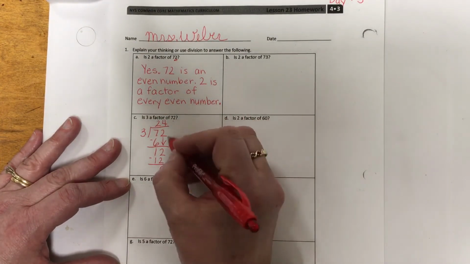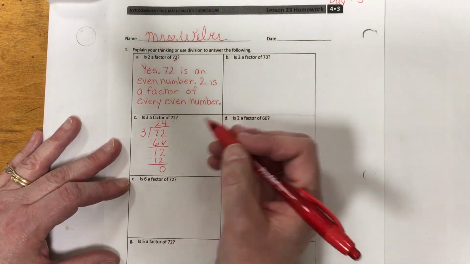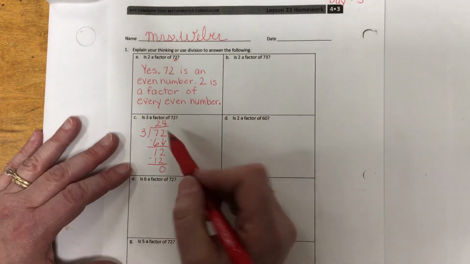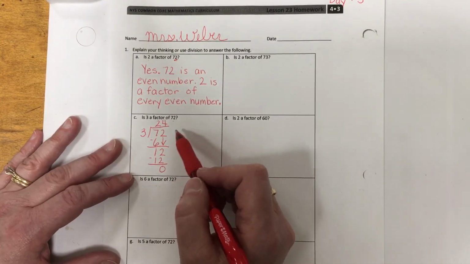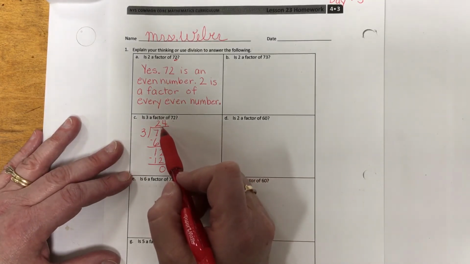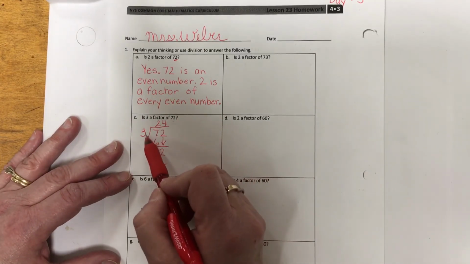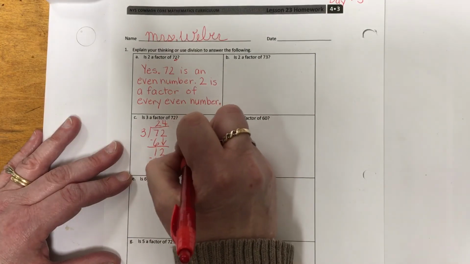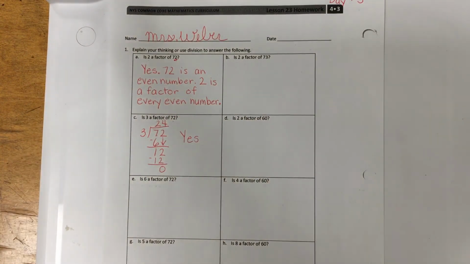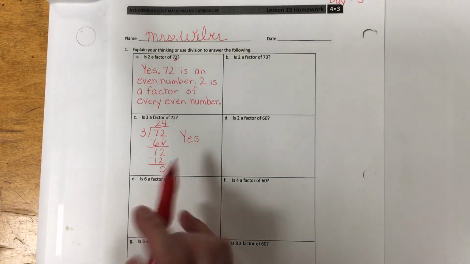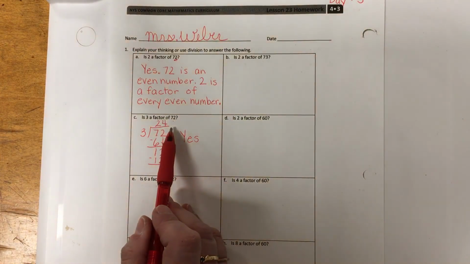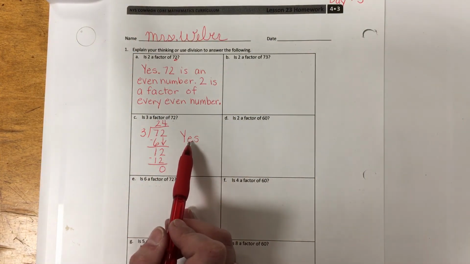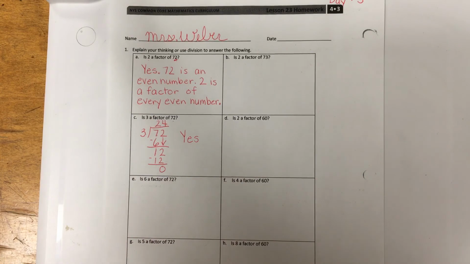Oh yeah. Anything left to bring down? No. So do I have a remainder? No. So I can then say that 24 times 3, yes, 3 is a factor. If I had had a remainder, I would have said, no, it is not.